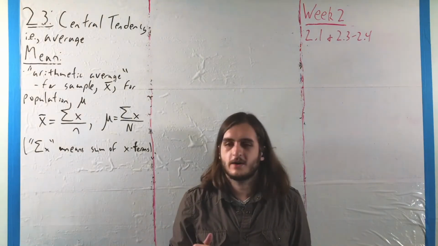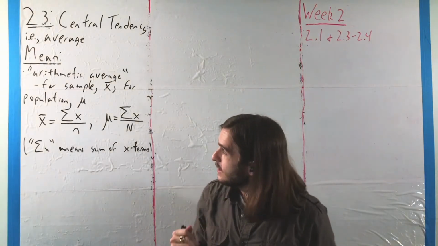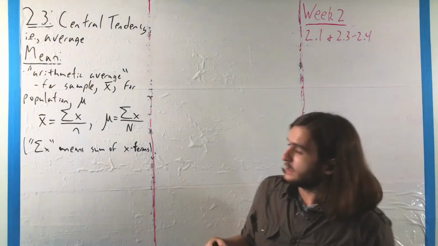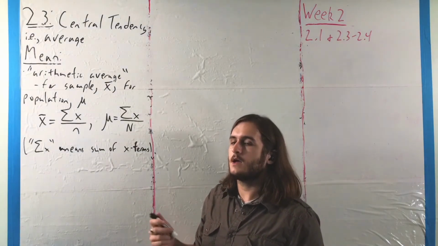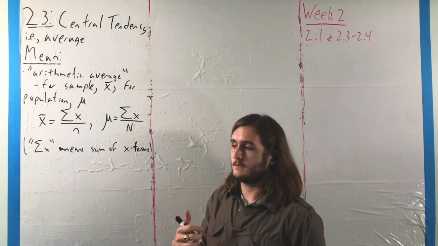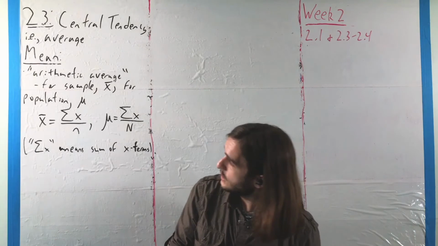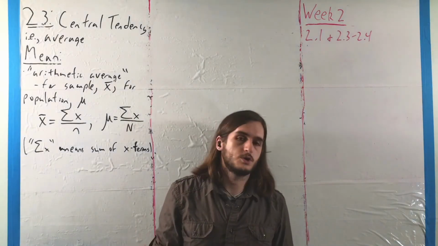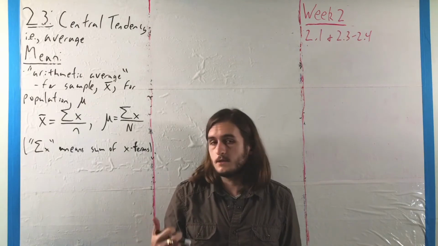A lot of times people call it the arithmetic average. For us, it's not going to be anything hopefully new, just a little bit of extra notation. We're taking the same sort of idea to get the mean that you're probably used to.